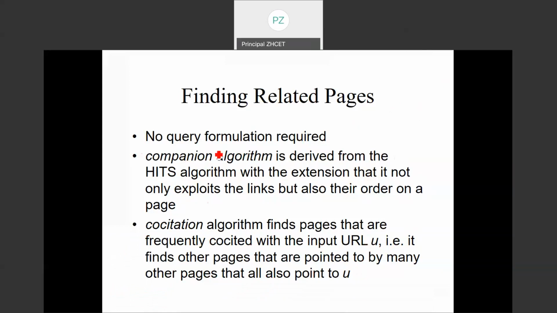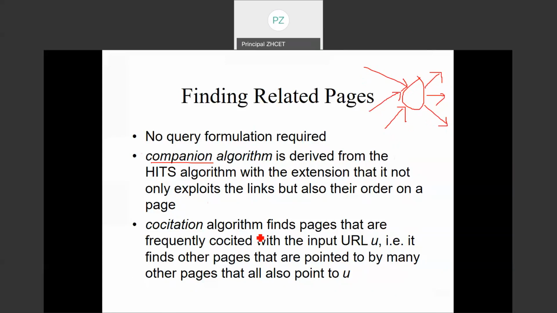How does the companion algorithm work? It looks for all the pages that are pointing to it and all the pages that it is pointing to. All the pages that are pointing to it must be related to this, and all the pages that it points to must also be related to it, barring some exceptions. We're not talking about exceptions, we are talking about the normal procedure.